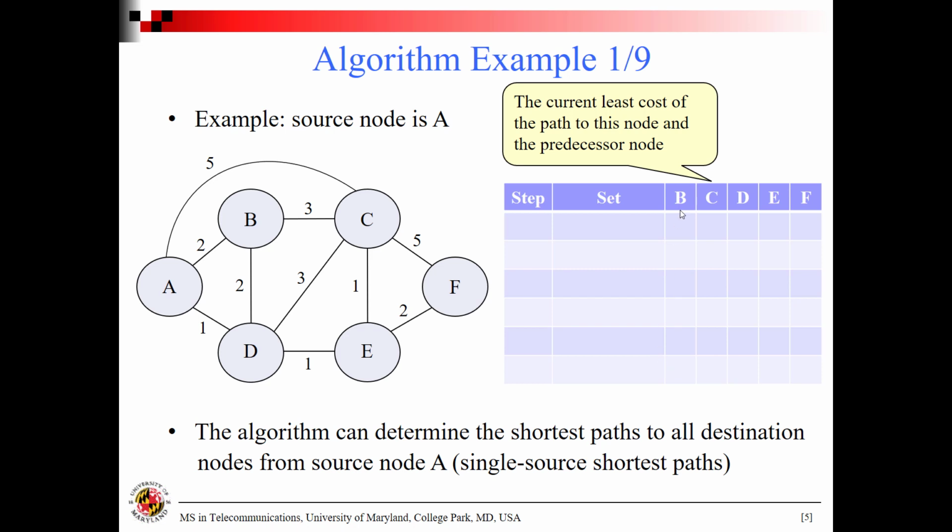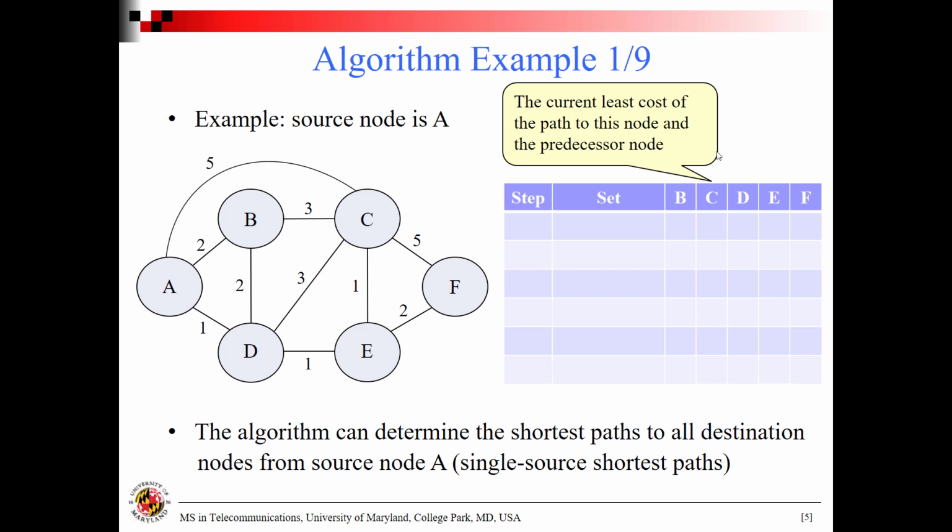And then we will also need to keep track of the current least cost, or the cost of the current best path to every destination in the network. So that will be destination B, C, D, E, and F, as well as the predecessor node on that path.